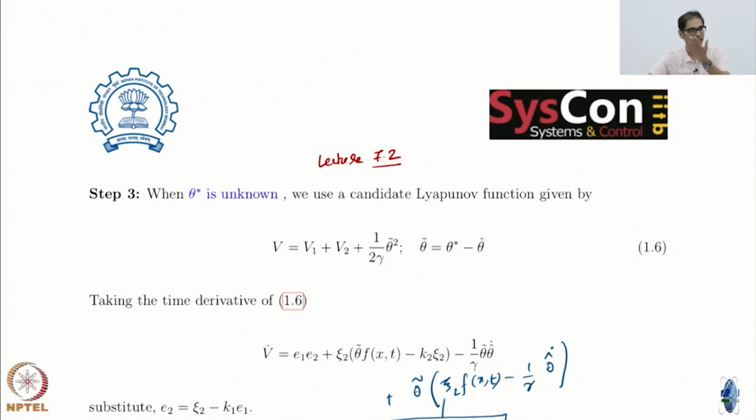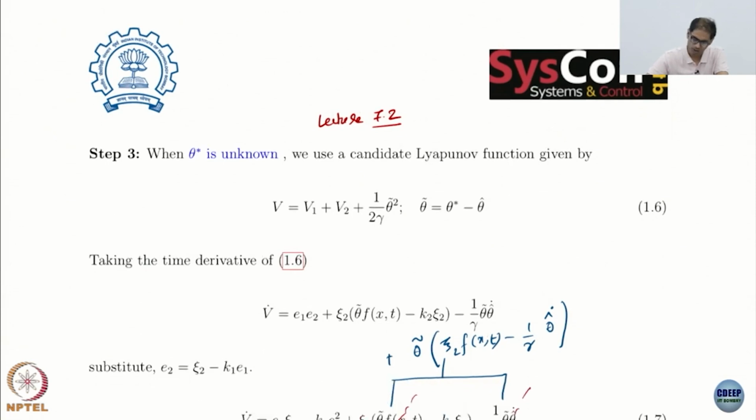I define this theta tilde, a notation we very standardly use in adaptive control: tilde denotes the parameter error, theta star denotes the true value, theta cap denotes the estimate. It's standard even in nonlinear control.